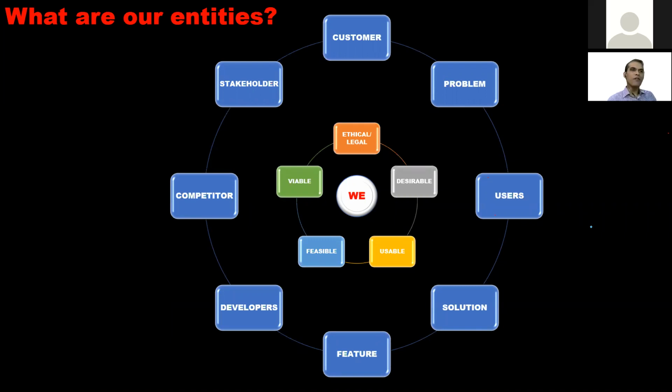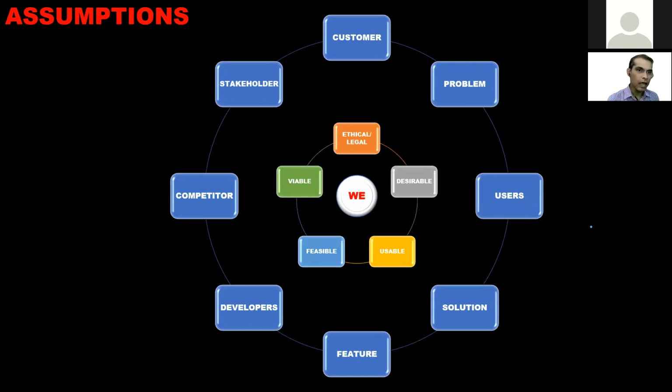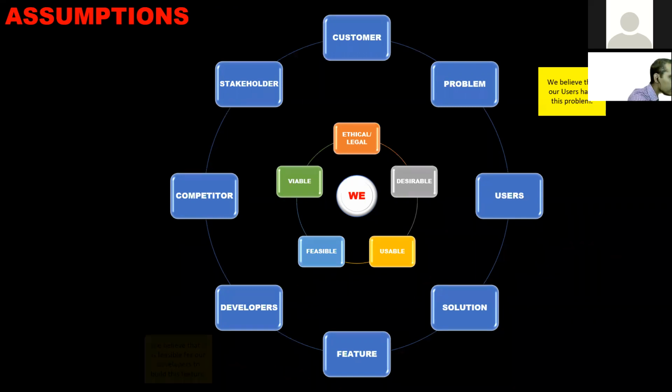So fine. Right now we have got our entities defined. Now what? Within these are most of our assumptions hidden, and we ignore or overlook those. Let's start with an assumption as a belief, because that's what a belief is. It's not that we know. So we believe that our users have this problem.